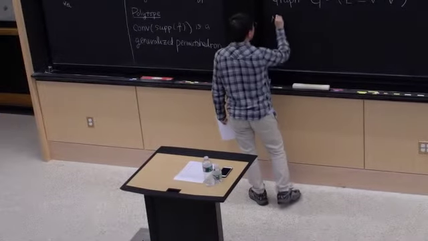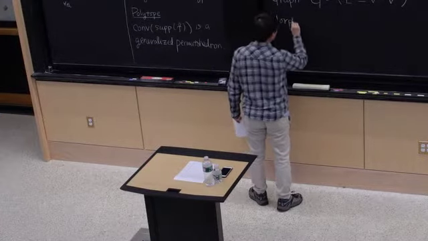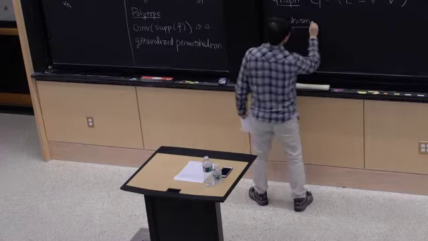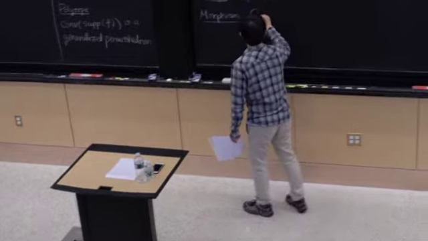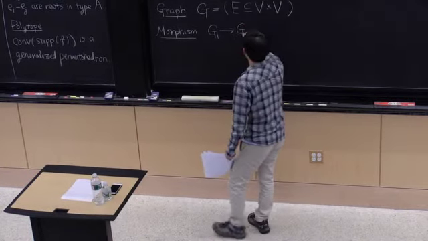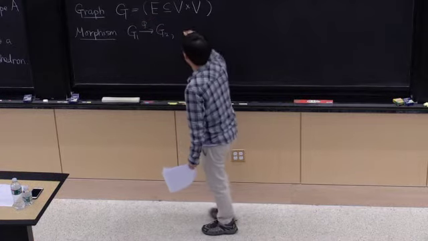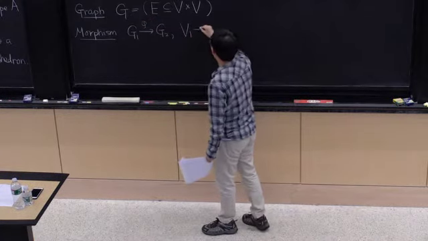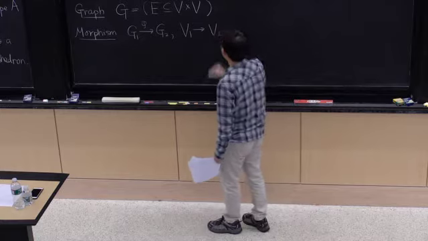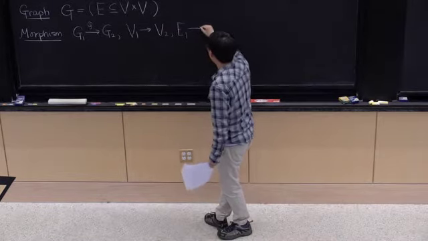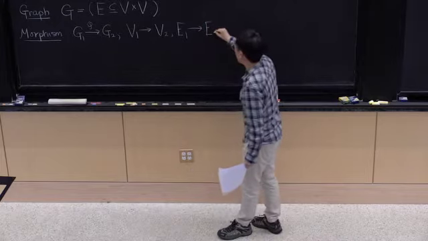And let's agree that a morphism from one graph G1 to another graph G2, say phi, is a set map from V1 to V2 such that it maps E1 to E2.